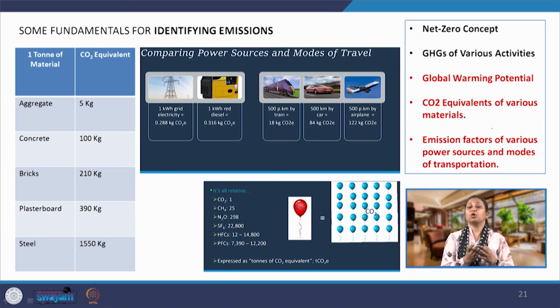We always have options of selection. When we are making buildings, we can always choose materials. Whether we want to go for a fired clay brick or a CSEB or an AAC block. So, what is the embodied carbon or the GHG emission associated with the product, and also the thermal comfort and all.